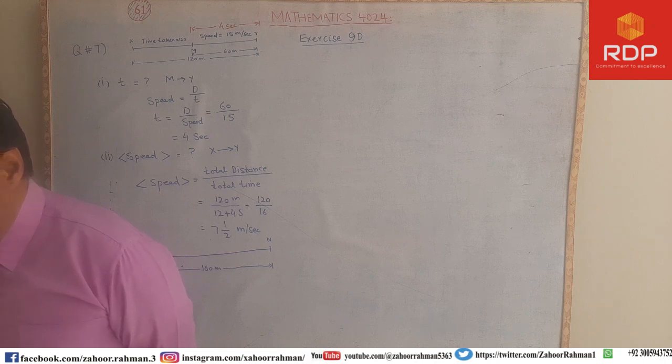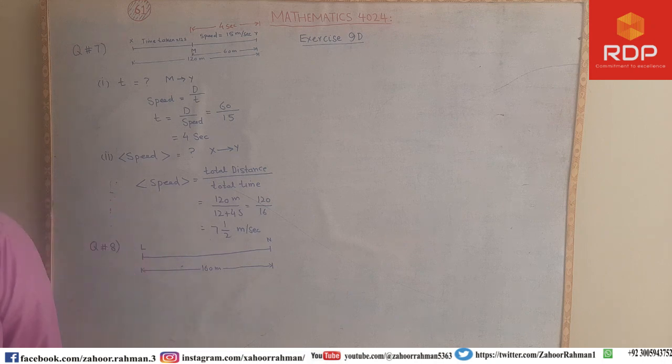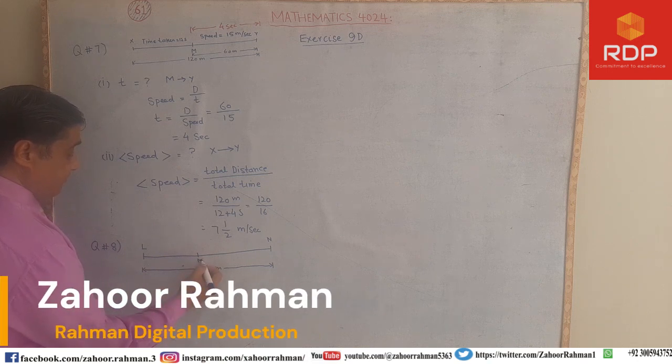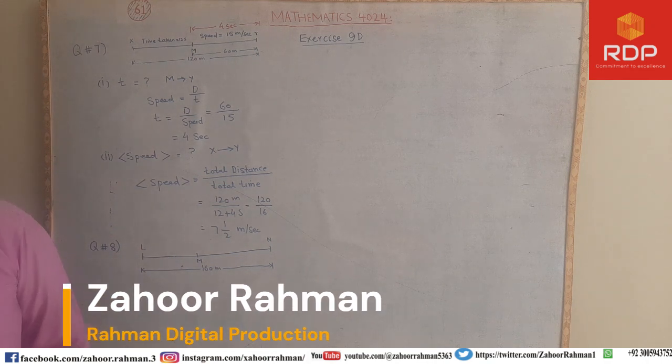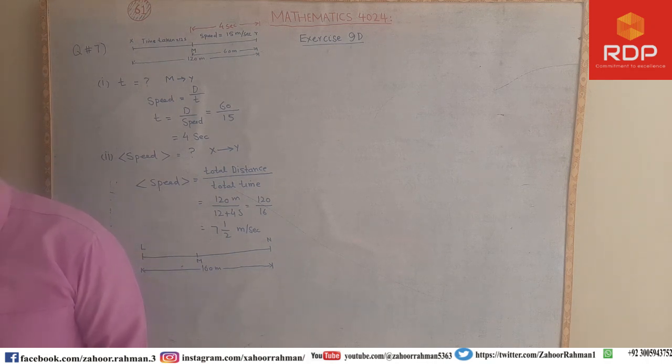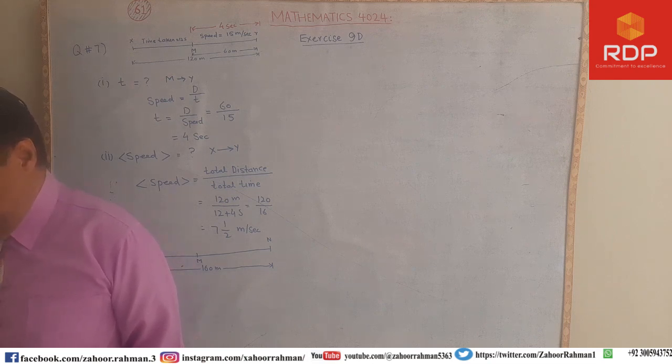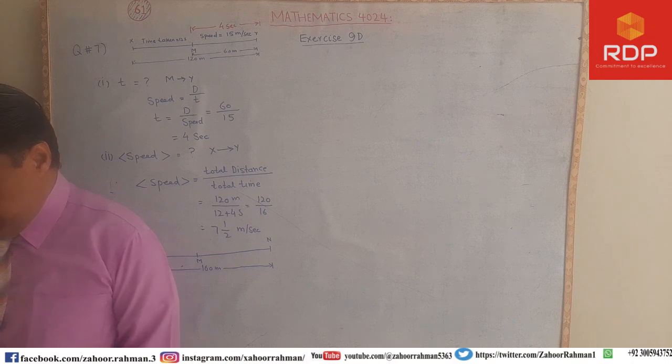M lies on the straight line joining L and N. It is not the midpoint. Let us take this as M. This is not the midpoint, but they are saying that M lies on the straight line joining L and N. An object travels from L to M at an average speed of 10 meter per second.